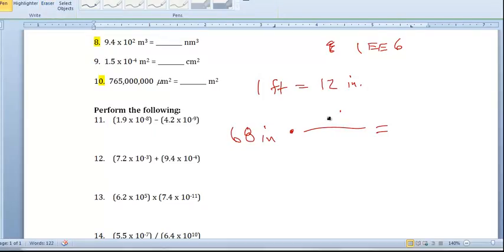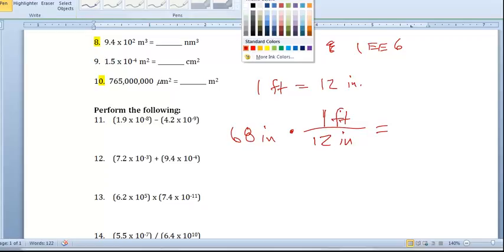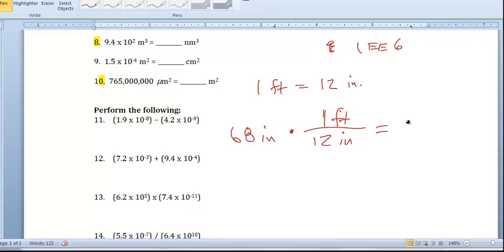Let me back up, do that again. All right, so that's 1 foot over 12 inches. Okay, now inches cancel. All right, so let's freeze there. Let's hold on right there. Now, notice that we're saying that these two things are equivalent.